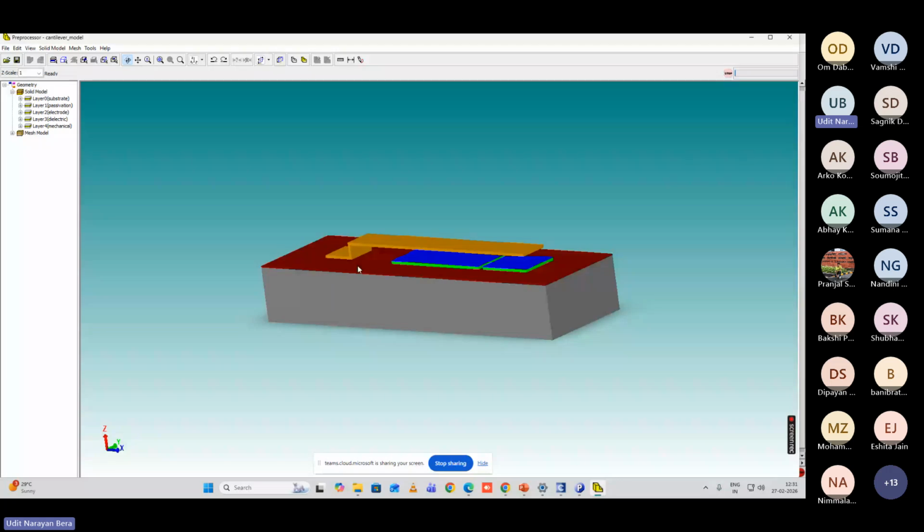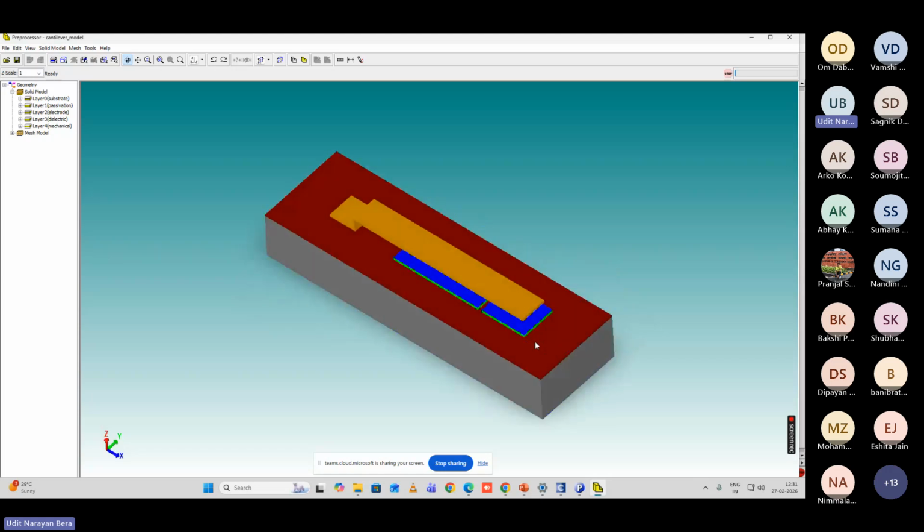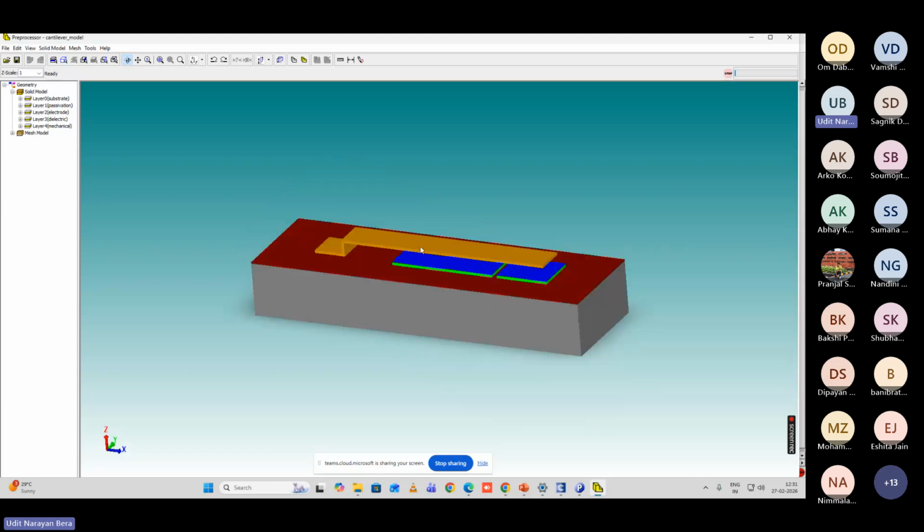The UV light makes the other portion soluble, and that is etched away, and only the remaining portion is kept. That's how I created this electrode portion. In the same way, the cantilever was also built.